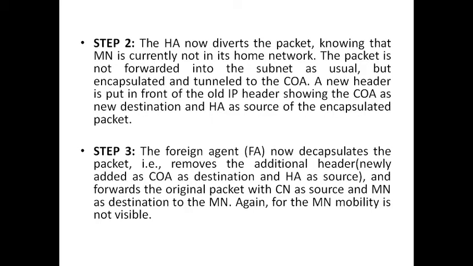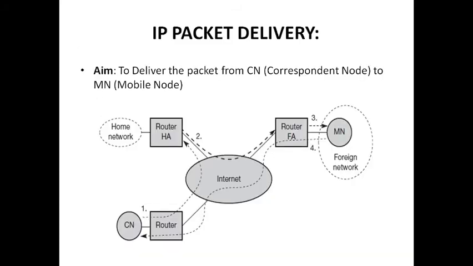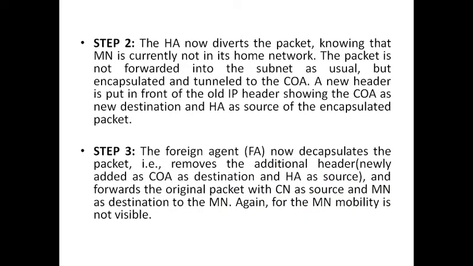In the second step, the packet routes from the home agent via internet to the COA. Where is the COA? COA is present under the FA, the foreign agent router. So that is done in the second step.